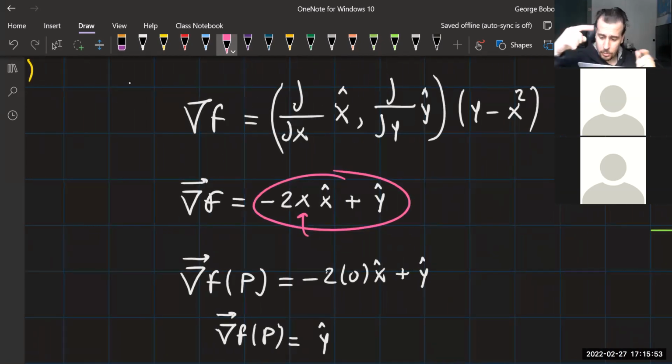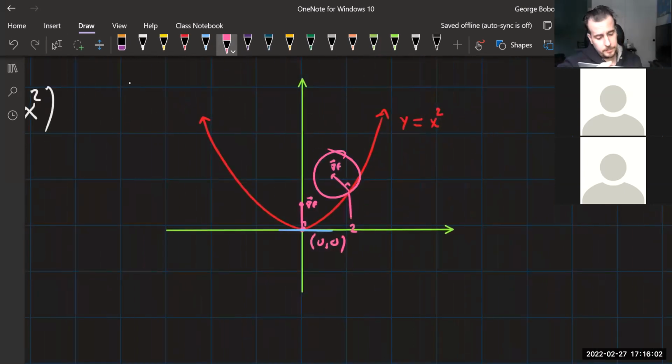You see what I mean? The x component would be pointing a little bit to the left, and you'd have the y component. So your overall vector looks somewhat like this. You have the formula to find the gradient everywhere, but we found it exactly at 0, 0, and it's just the y hat, which is awesome.